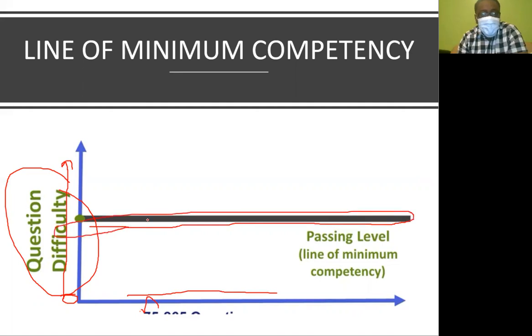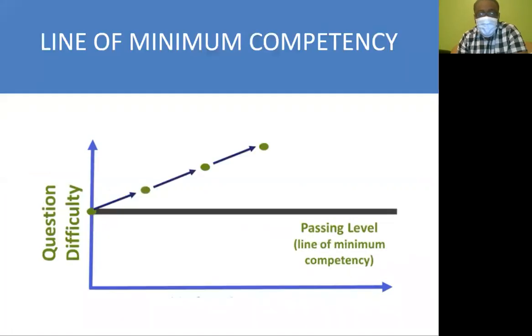So this is the line we've been referring to all this while. Remember, I spoke about the passing level questions. Passing level questions are questions that fall above this line. So let's assume you started the test on this point and it gave you a question that's on the passing level. If you answer this question correctly, you get one of equal and higher difficulty.